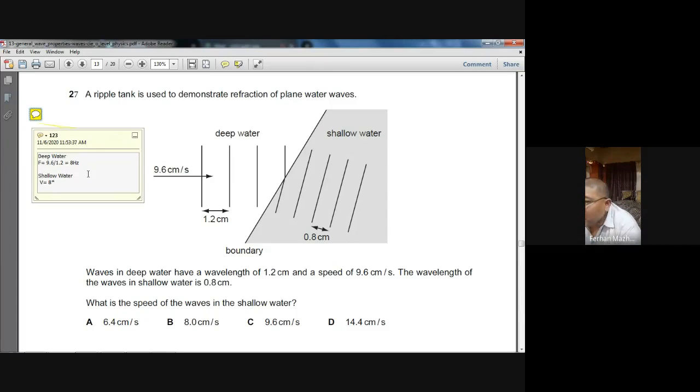F will be 8 and the lambda will be 0.8. So 8 multiplied by 0.8, the answer will be 6.4 centimeter per second. So the right choice is A.